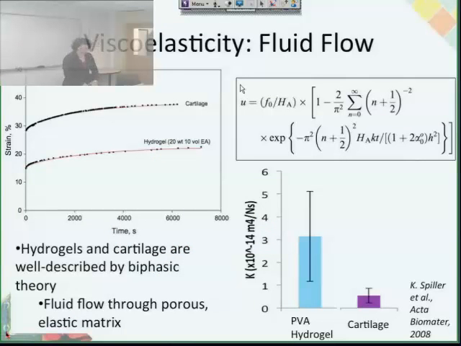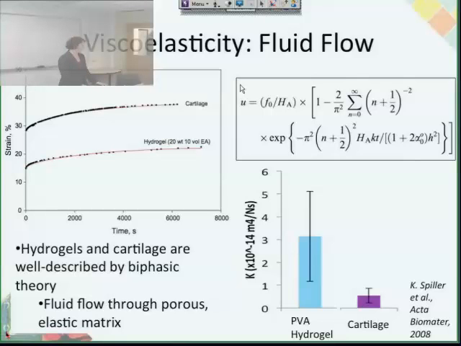Okay, so rubber elasticity theory is one way to describe hydrogels, but you can also describe them with viscoelasticity theory. That is because when you apply a load, like a compressive load, to a hydrogel, what is actually happening is the fluid is moving through the porous matrix. There are different models that can describe it.